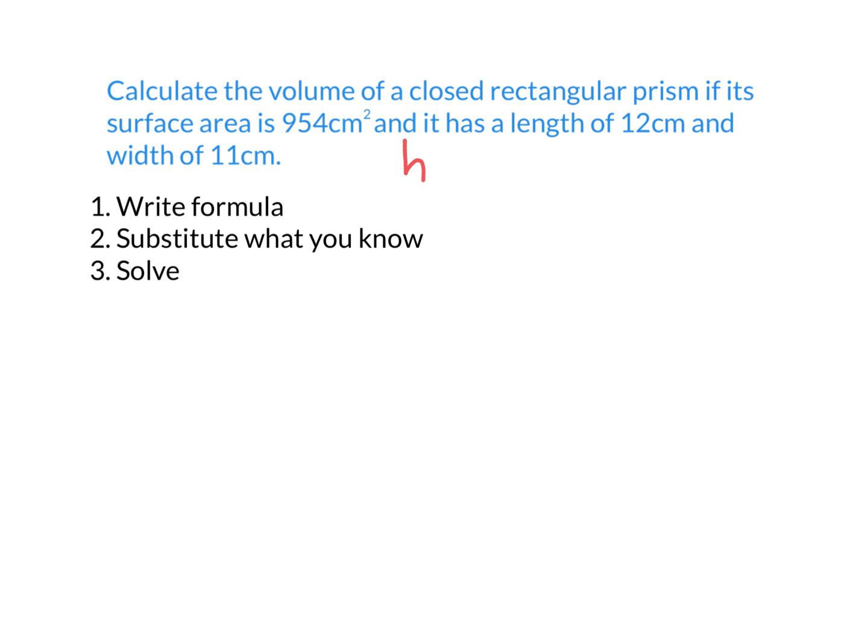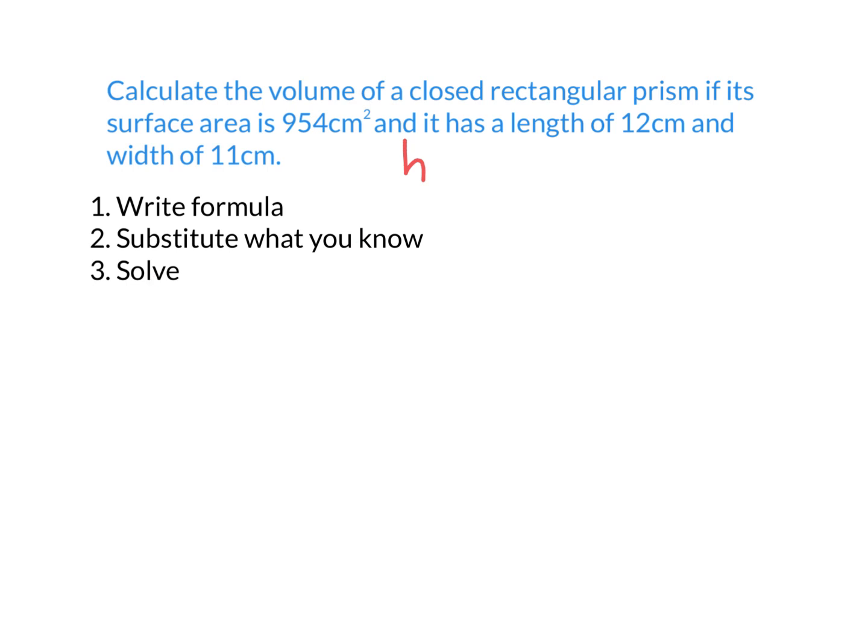What is the height of the prism? And to do that means we are finding an unknown side length from a measurement, in this case the surface area. So whenever you're finding an unknown side length, a dimension like radius, length, width, whatever, from area, volume, whatever, follow these steps. Write the formula, substitute what you know, and then solve.